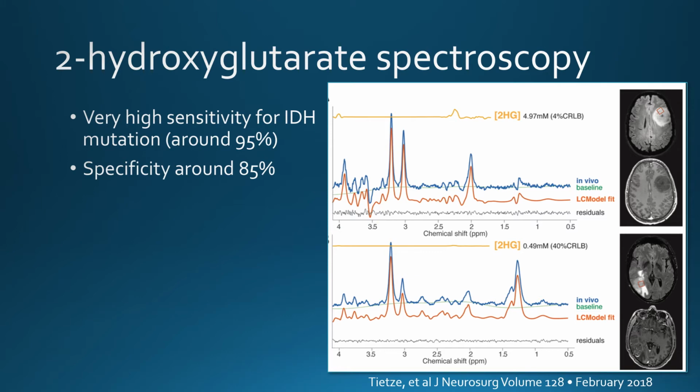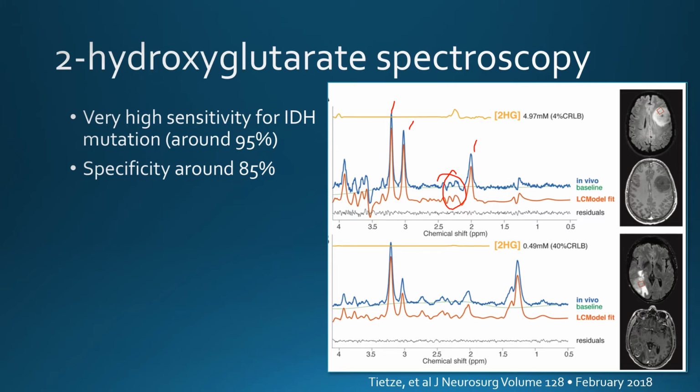You can see the spectra on the top is from an IDH mutated tumor. This is the choline here, creatine, NAA, and the 2-hydroxyglutarate is somewhere in this squiggly stuff here.